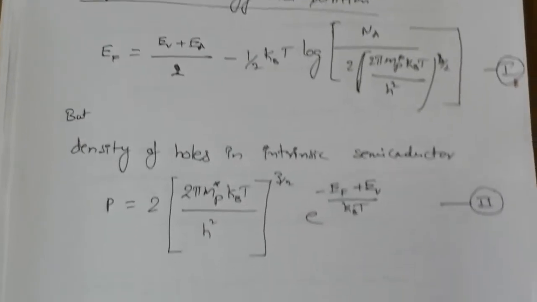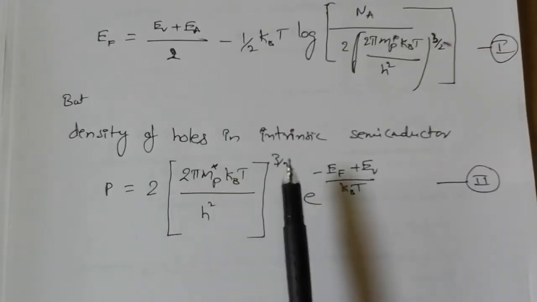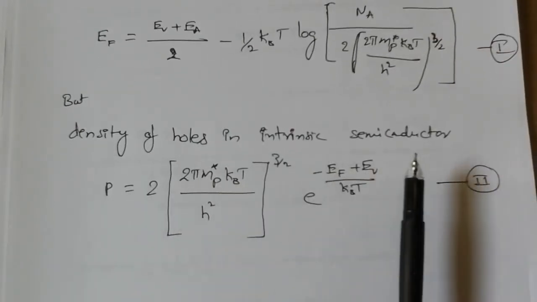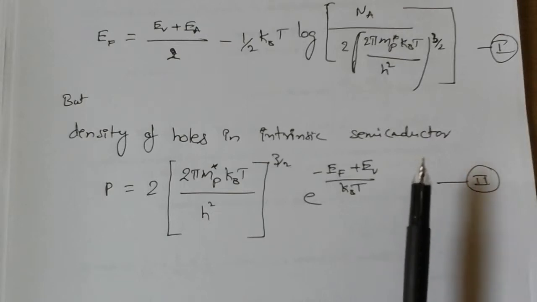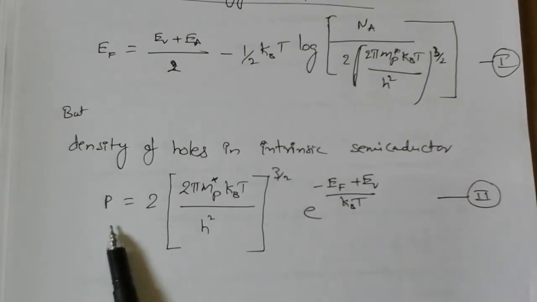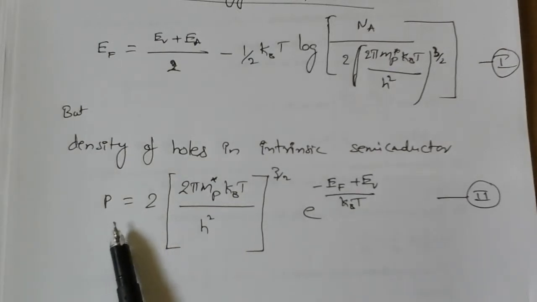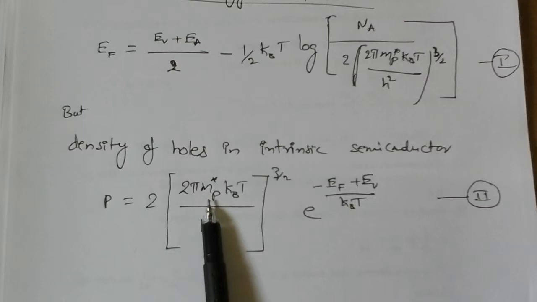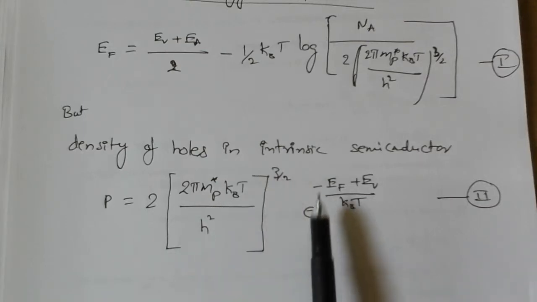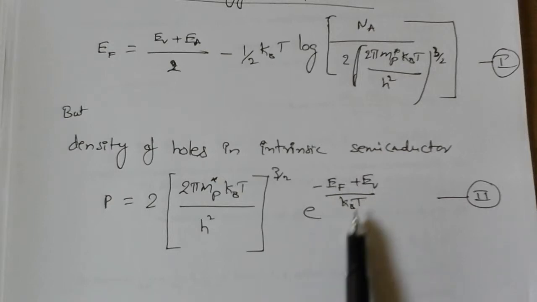But already we know the density of holes in an intrinsic semiconductor. From the intrinsic semiconductor holes derivation, we got P is equal to 2 into (2 pi mp star kBT by h square) whole power 3 by 2 e power of minus (EF plus EV) by kBT.